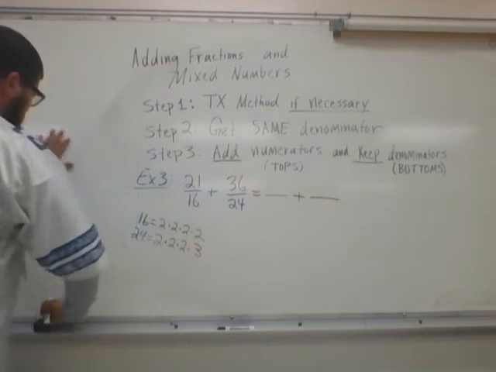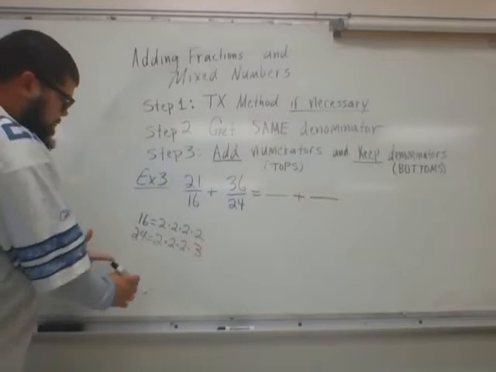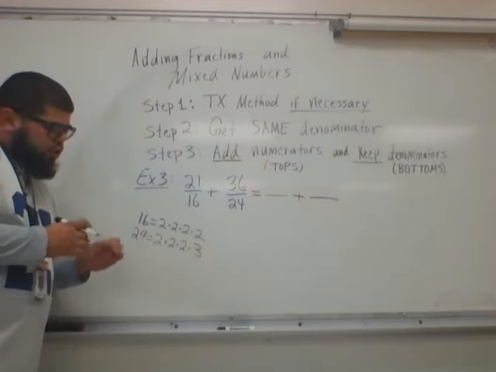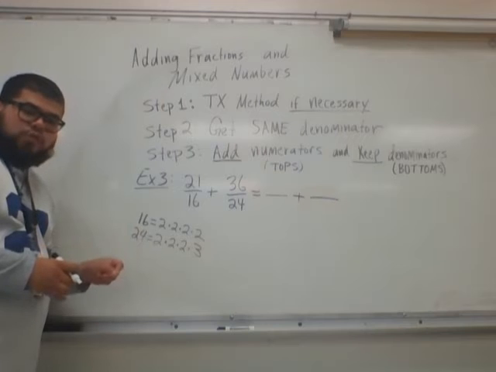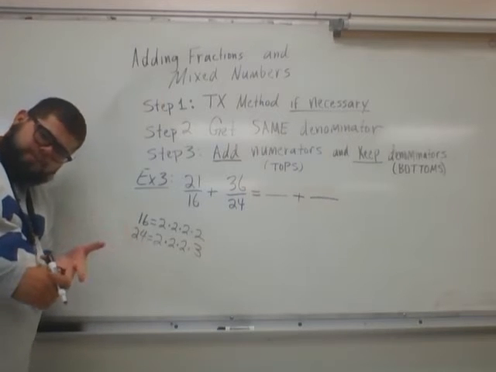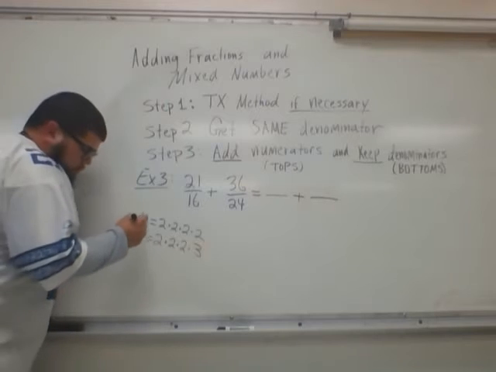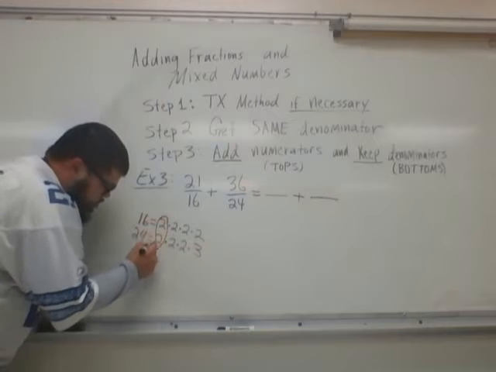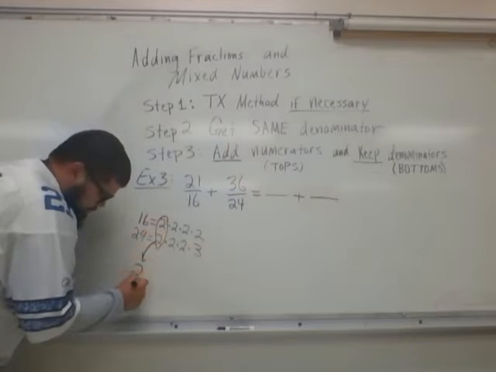Now, we prime factored. This is where it gets a little silly. We're going to circle the numbers that 16 and 24 have in common. Let me start with the first one. They have this 2 in common. We're going to circle those and bring one of those down.